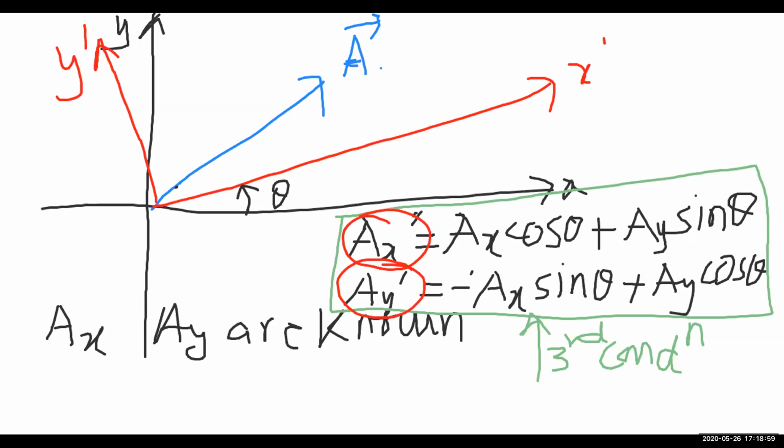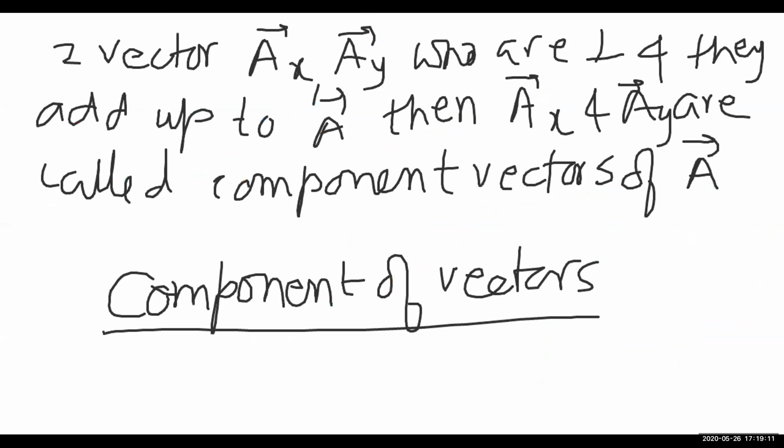Okay, so what I wanted to really talk about in this lecture was the concept of the components of vectors, right? So what we are going to do throughout physics is that I am going to give you a vector quantity and you will be choosing an axis depending on the question.